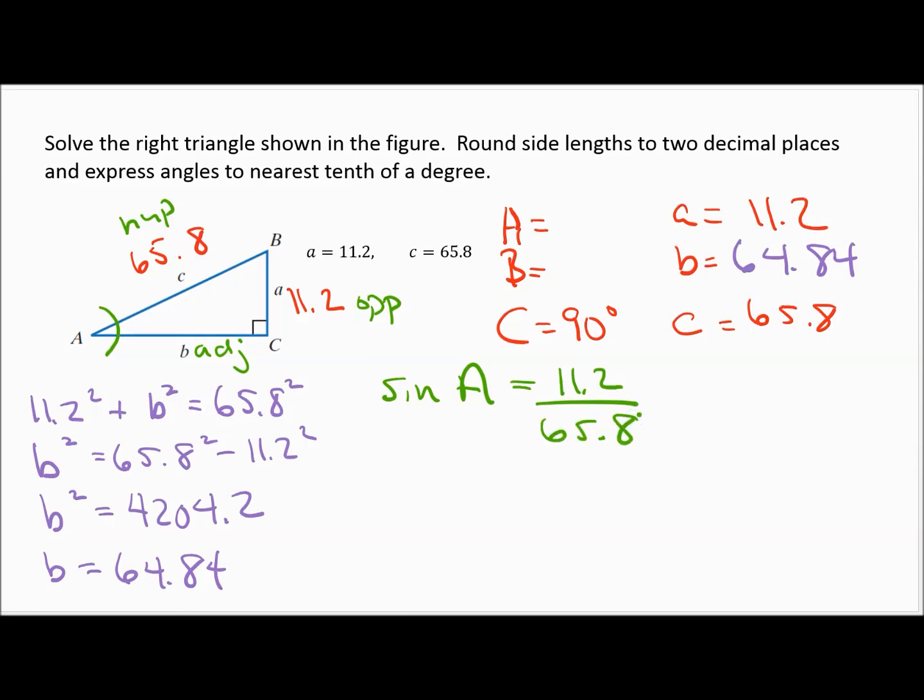65.8. Okay, now what do we do when we don't know the angle and we're trying to solve this trig equation? Well, this is when you use your inverse trig function. Okay, so if I take the inverse sine of A, that's just going to give me A equals, and I take the inverse sine of this side, 11.2 divided by 65.8.